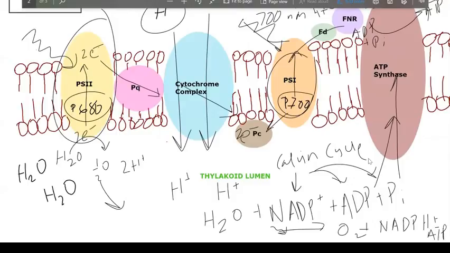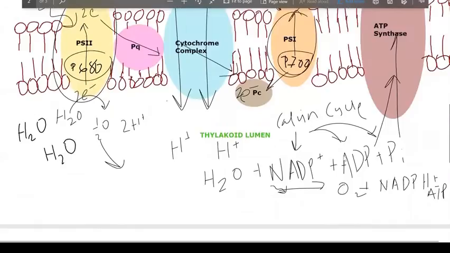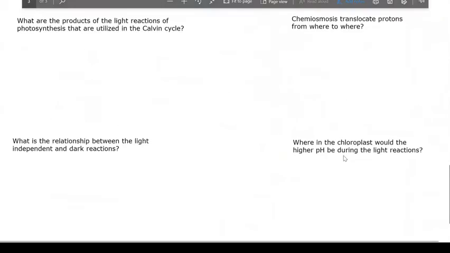All right. So this is not the balanced chemical equation, but this is pretty much what happens throughout the light-dependent reactions.